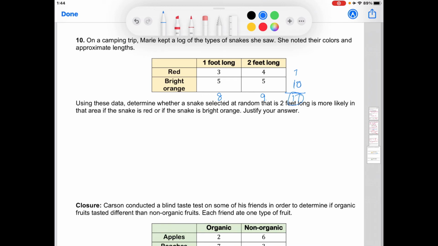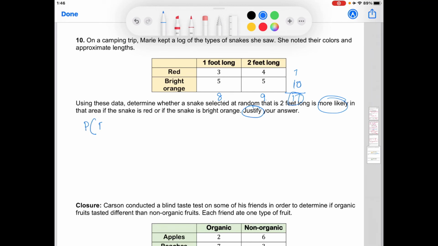Okay, so here in this question, this is a little tricky question. Using this data, determine whether a snake selected at random that is 2 feet long is more likely in the area if the snake is red, or if the snake is bright orange. So this is a given condition, but we have to check for 2. It says justify. When it says justify, you must show your work, right?